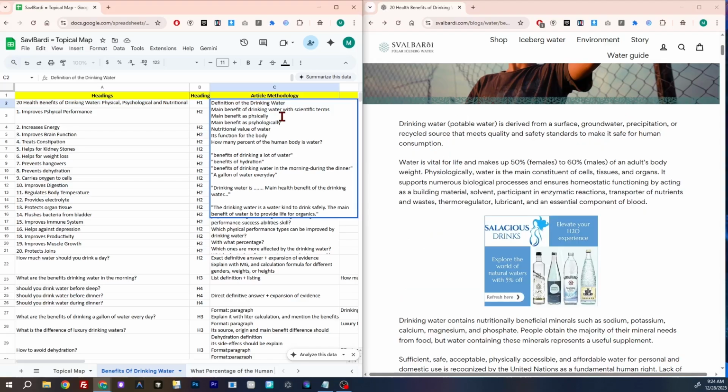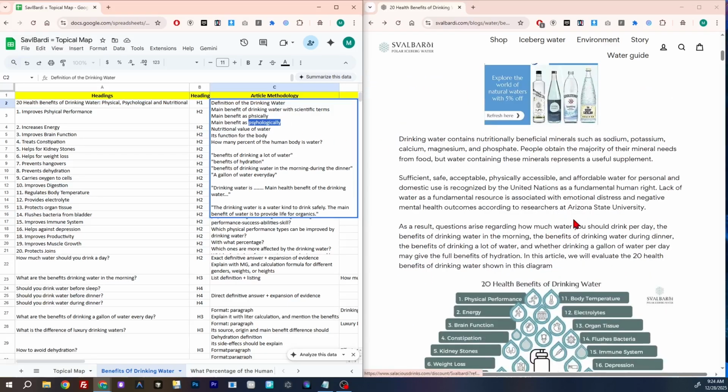In a different way, we are using the knowledge domain terms and the contextual terms, and we are using our definition and the main benefits as physiologically or psychologically, or by connecting the biological process or homeostatic functioning and other areas at the same time.